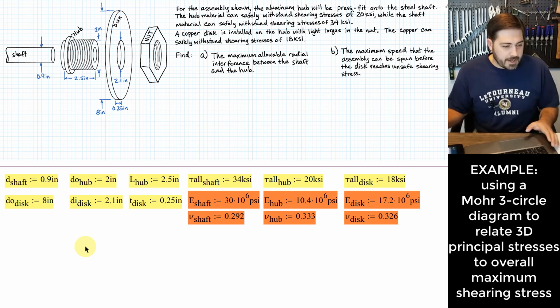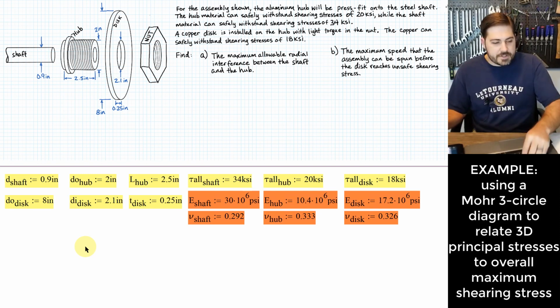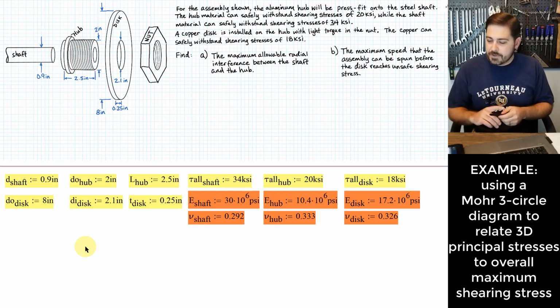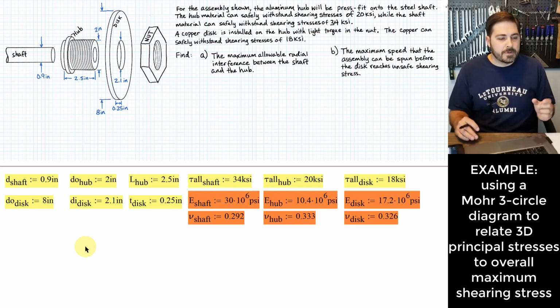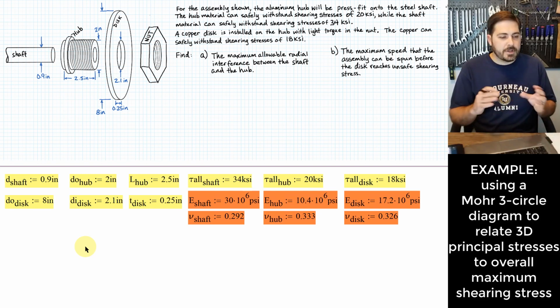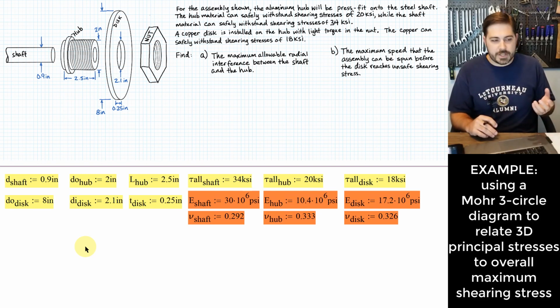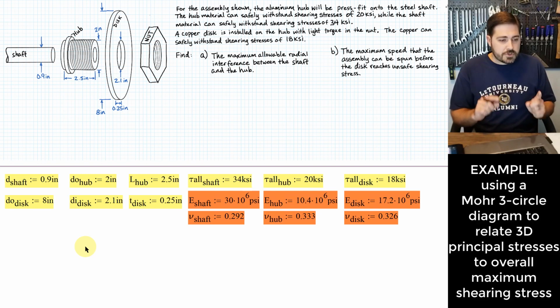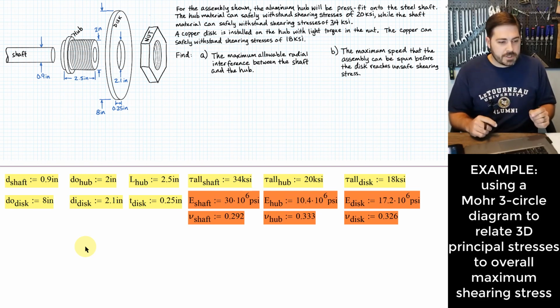There is a big concept, though, that I want to touch on in a general way first, and then I'm going to show you how it pertains specifically to the stresses induced with this particular press fit.